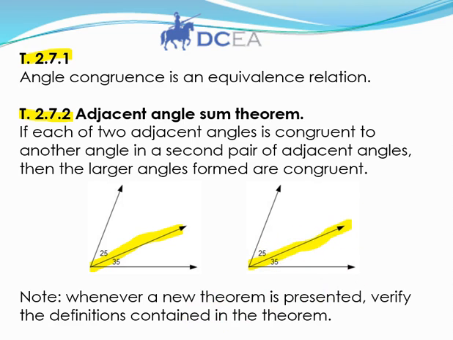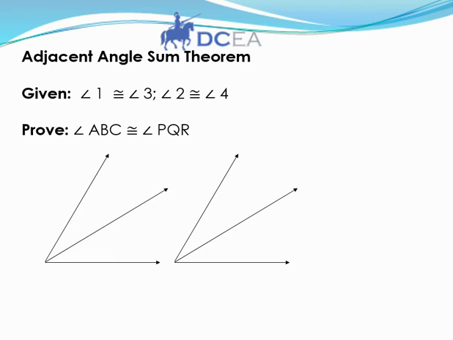So once again, angles with a common side but no common interior points are adjacent angles. This theorem allows us to add those angles together. So let's go ahead and break down our adjacent angle sum theorem.